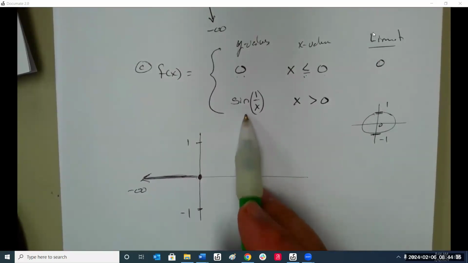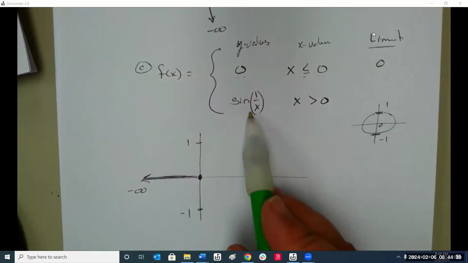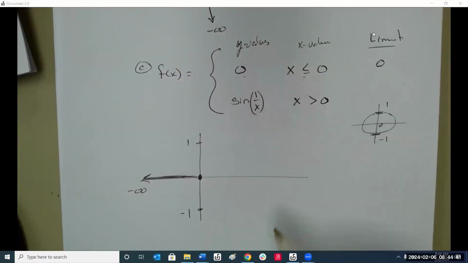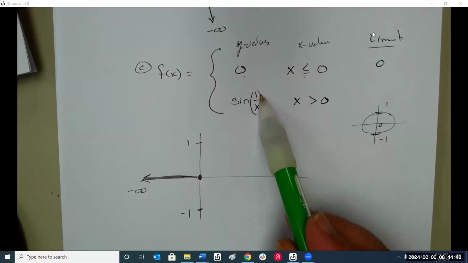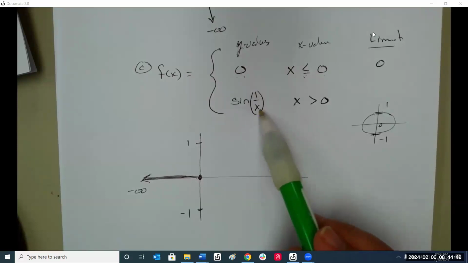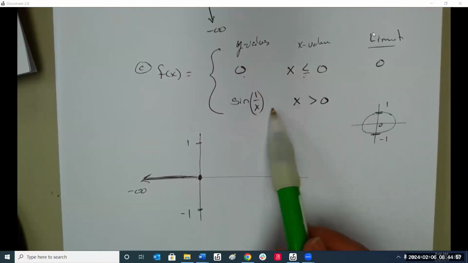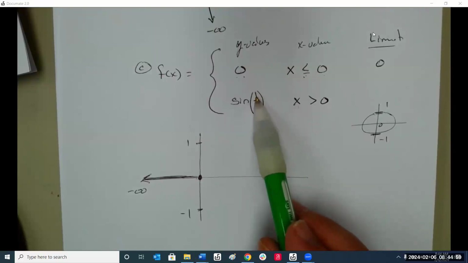Now the sine value. When x is greater than 0, what happens to this function, 1 over x? The bigger x becomes, what happens to this value, 1 over x? It becomes smaller. So that means the smaller x is, the bigger this value is.